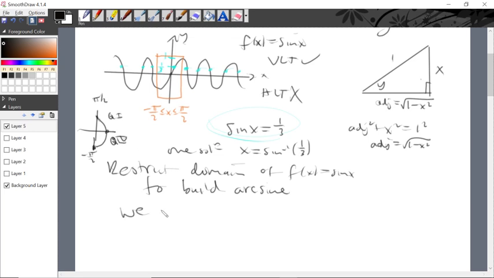Okay, so we choose as a restriction negative pi over 2 is less than or equal to the input variable, in this case x, is less than or equal to pi over 2.